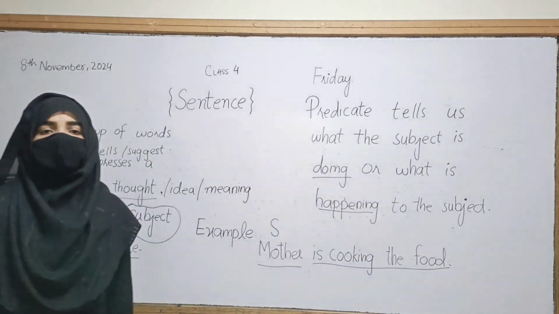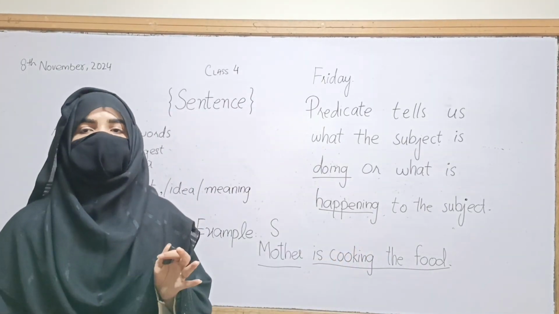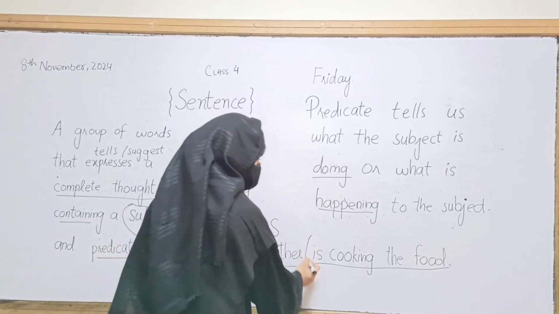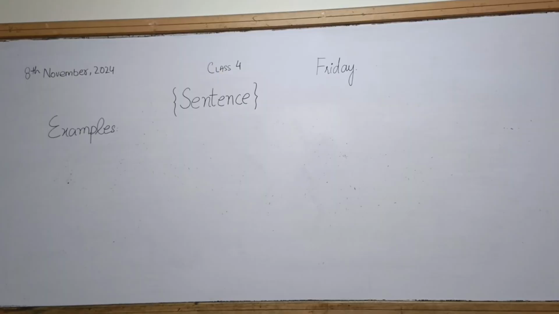This whole line starting from "is cooking the food" is the part of the predicate. Before moving towards the sentence structure, you need some more examples to make this concept clearer in your minds. We will do three or four more so that the basic concept of sentence and predicate will be clear.